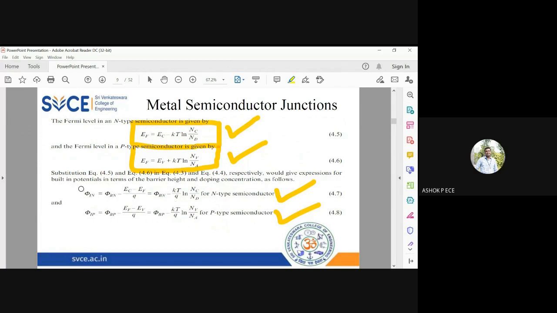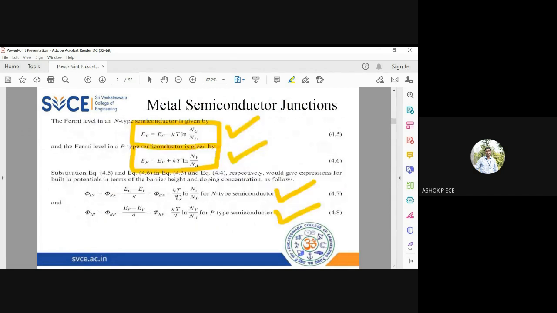So this is the built-in potential of the metal semiconductor junction involving p-type and n-type semiconductor. N-type means you have to consider the concentration of electrons in the conduction band and the number of donor atoms. And p-type means we are going to consider the concentration of majority carriers in the valence band and the acceptor impurity concentration.